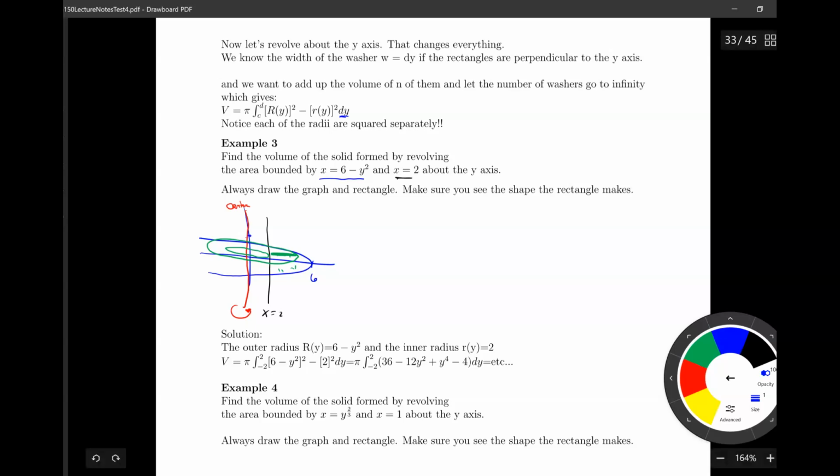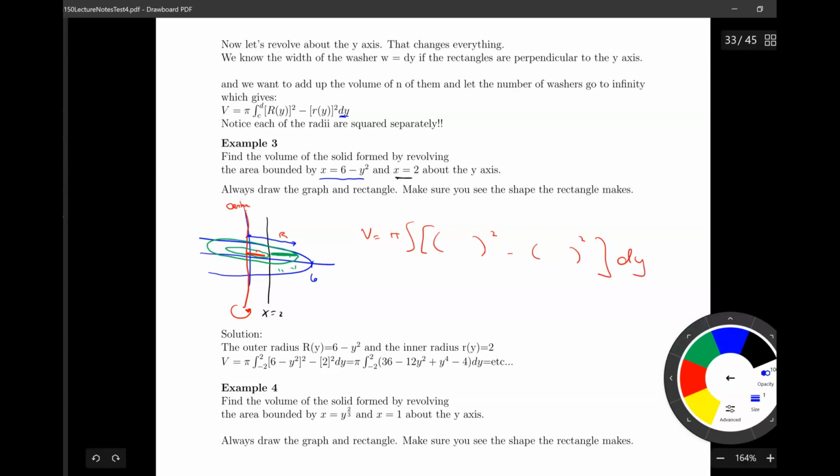So the outside radius will be going from here all the way out, right, outside radius, and then the inside radius will be from here to here. So there's little r, and this is capital R. All right, so let's get going here. What I'm going to suggest you do is you set up for washers, and then you remember to put the dy down.